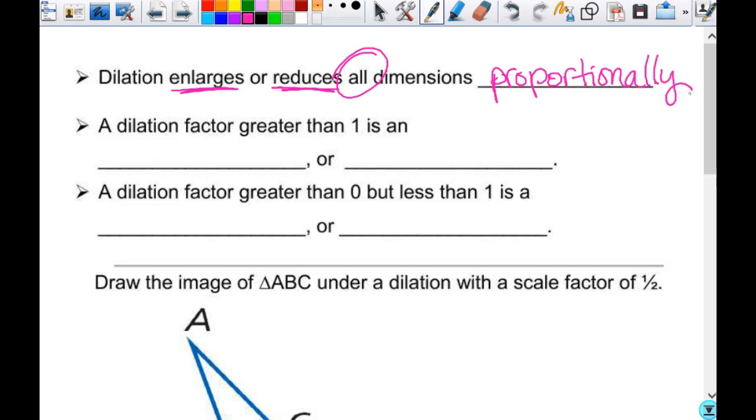So if my dilation factor is greater than 1, then it is an enlargement or expansion.